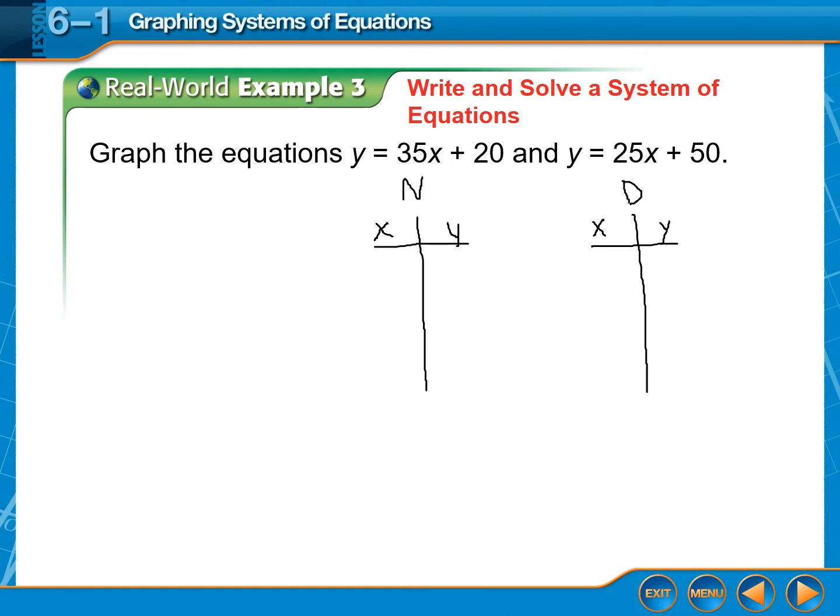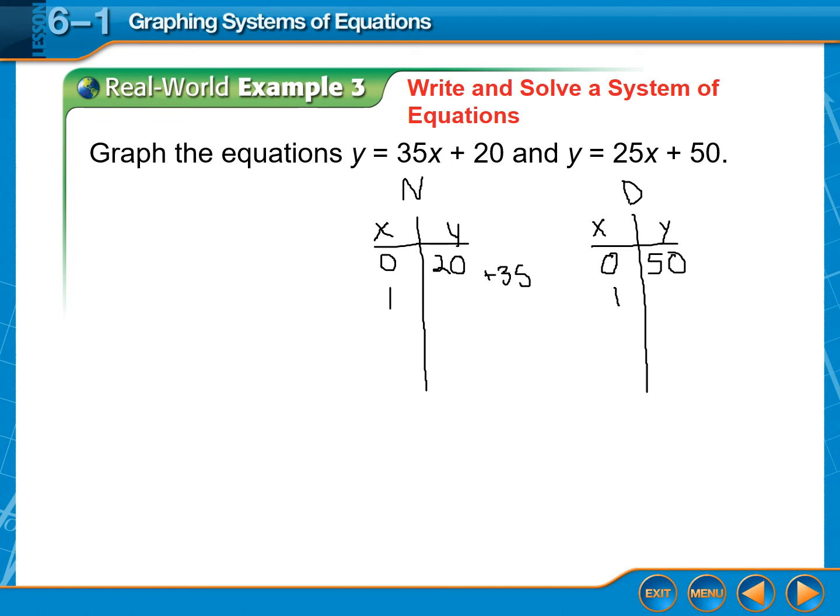So for Naresh, before they started doing the same number of miles each week, Naresh started with 20 miles, whereas Diego started with 50 miles. After the first week, how much does each of them have? Well, after that first week, Naresh increased his total amount by an additional 35 miles.